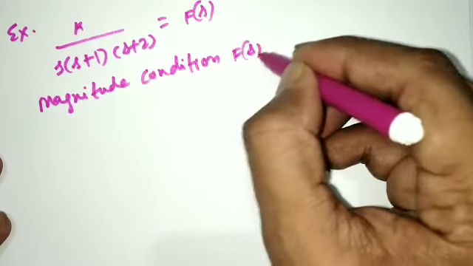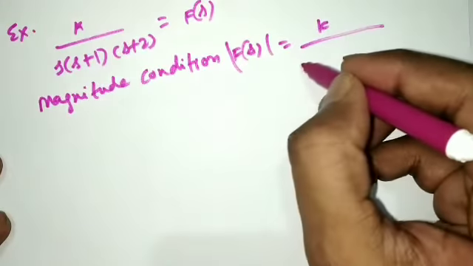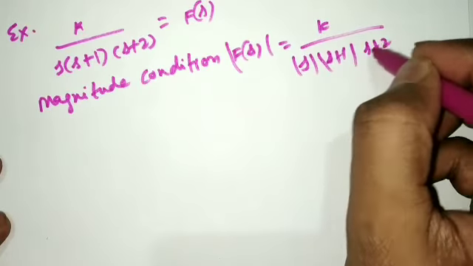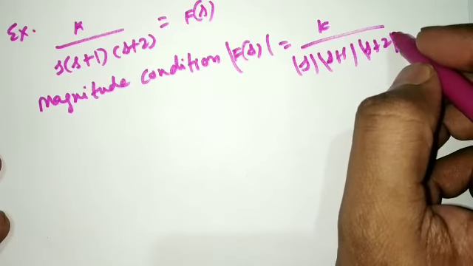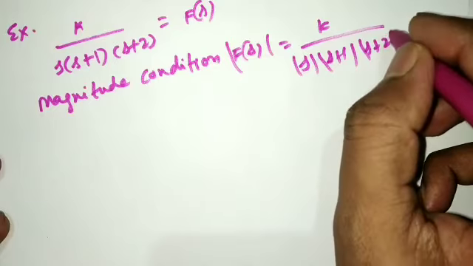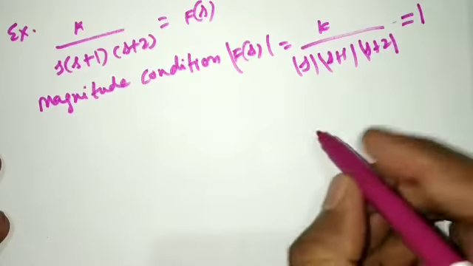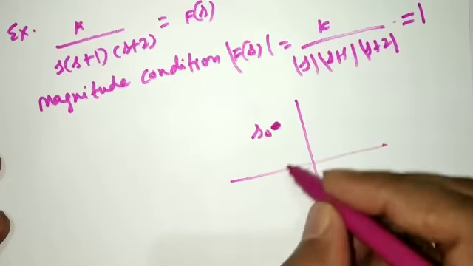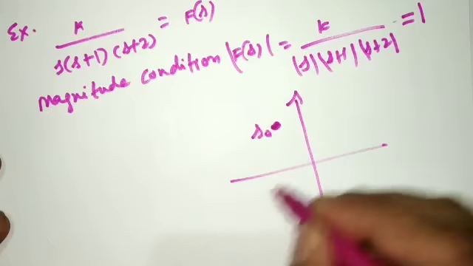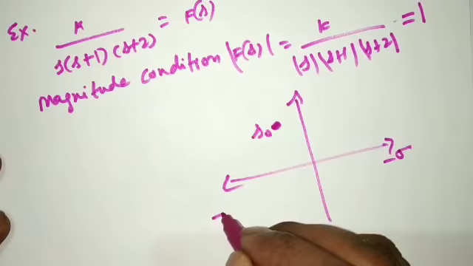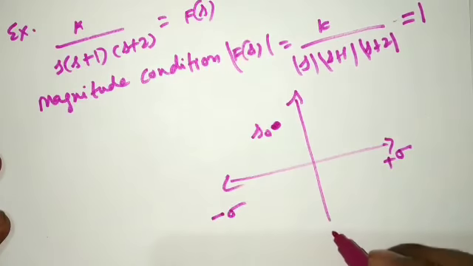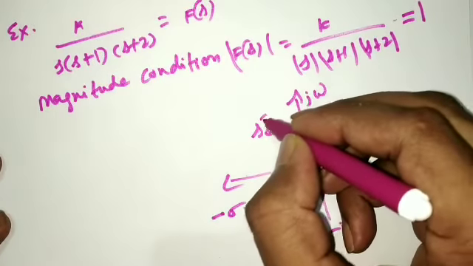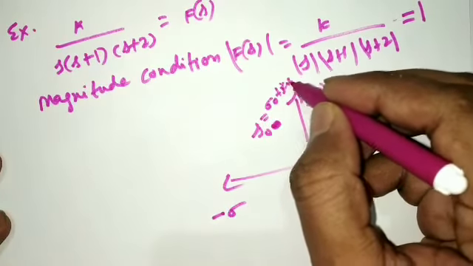f of s is k divided by the magnitude of s, times the magnitude of s plus 1, times the magnitude of s plus 2. If this magnitude condition is equal to 1, suppose you take any point, named s naught, where s naught is equal to sigma naught plus j omega naught.